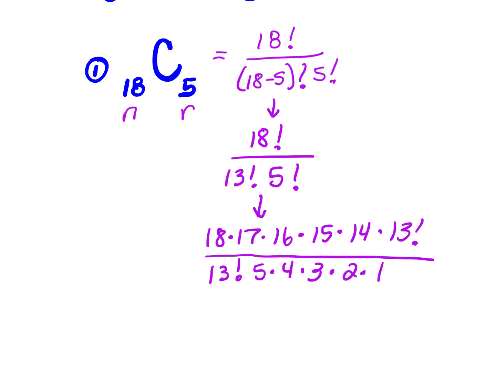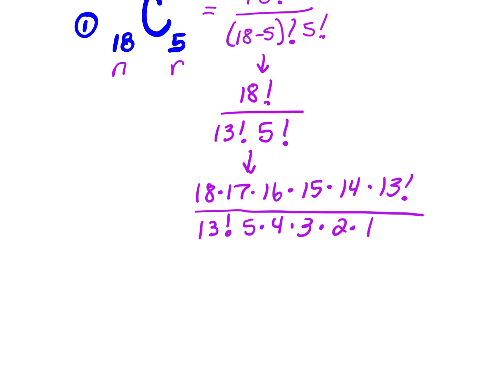If you guys get to this point, show me all of this, then just do the rest in your calculator. That's perfectly fine. If you want to show me that you said, okay, 13 factorial goes into 13 factorial, fine. You guys can now multiply the top, multiply the bottom, and divide. That's fine. You can cross cancel as you go. Just leave your answer as a fraction. If for some reason it comes out to be a fraction, leave it as 1.